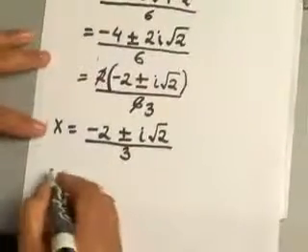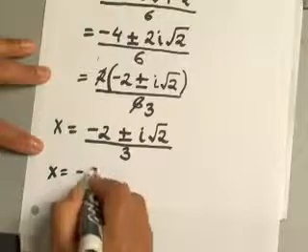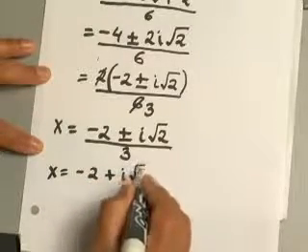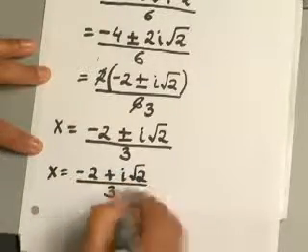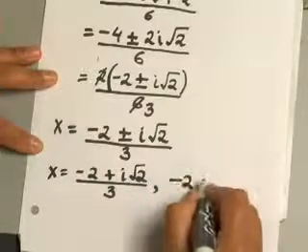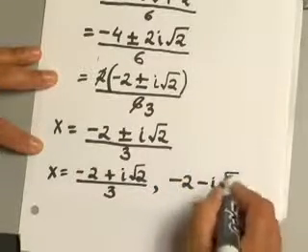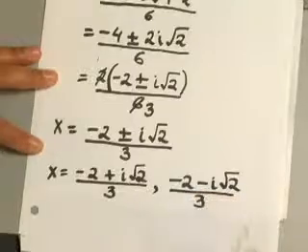Okay, so again, your solutions to x are negative 2 plus i square root of 2 over 3, or negative 2 minus i square root of 2 over 3.